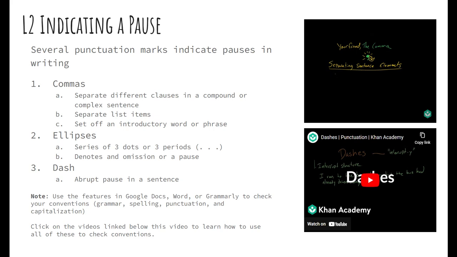So it can separate elements of lists. For lunch I had tofu, comma, spam, comma, and seaweed. Very Hawaiian lunch. Delicious. So it's separating these elements of this list.